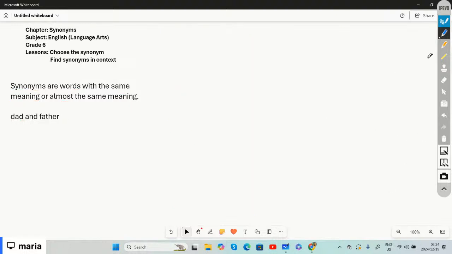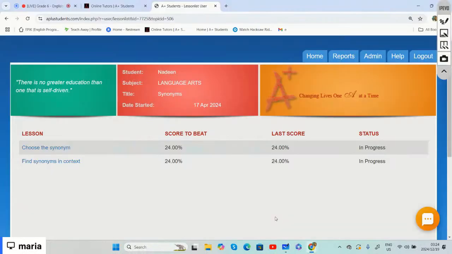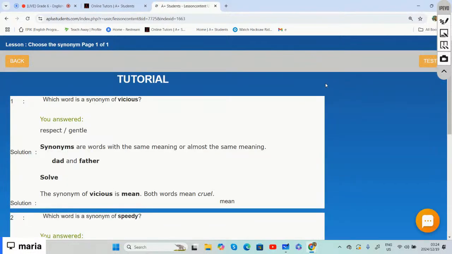right? All right, so now we're going to aplusstudents.ca. We're going to choose a synonym and then we're going to find synonyms in context and then we're going to do our tests.